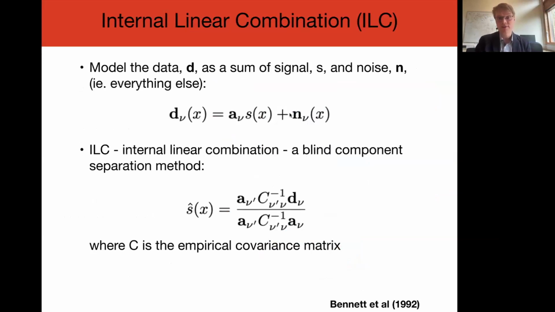Then we describe every other sky signal, be it actual noise or other sky signals, as a noise term here, N nu. The ILC method seeks a linear combination of our observations that has the minimum variance and is given very simply by this equation shown here, which is a linear sum over our observations at different frequencies, where C here is the covariance matrix describing how correlated observations at two different frequencies are.